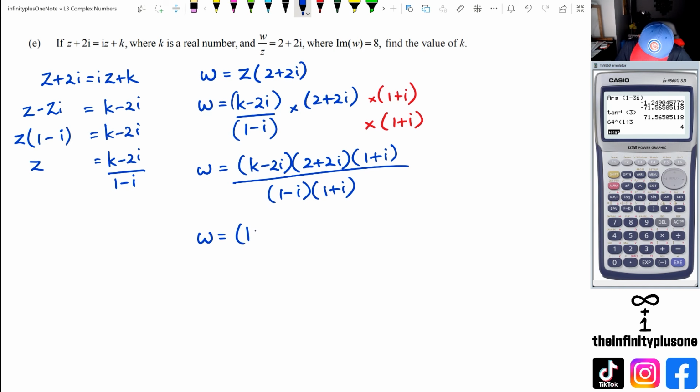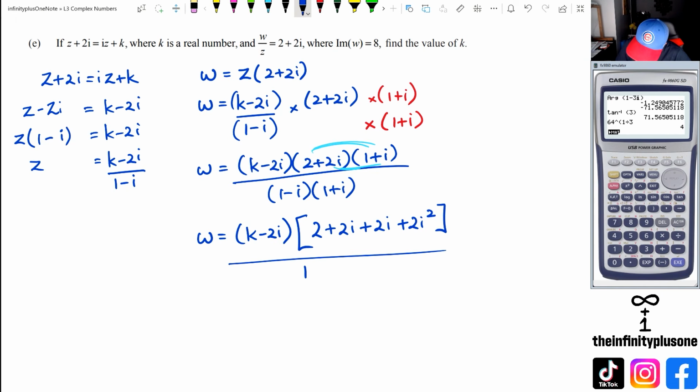So I'm not going to touch the K minus 2I yet, but I am going to expand the brackets for these two brackets here, which means I'm going to end up with 2 plus 2I, plus 2I plus 2I squared. And all of that is divided by 1 minus I squared.